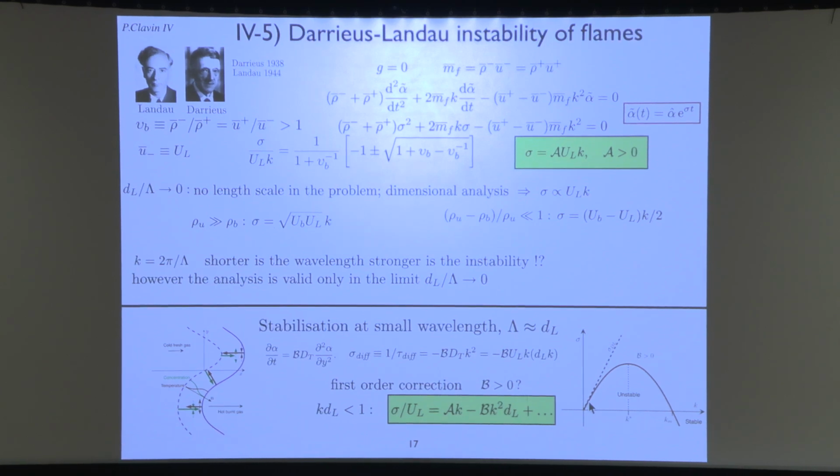And now, if you have this curvature term, a k-square term, it is going to damp completely the instability for the very small wavelengths, that is, larger k. So the hydrodynamic instability is dominant for the very large length scales, wrinkles larger than the flame thickness, but it is damped out by diffusive effects.